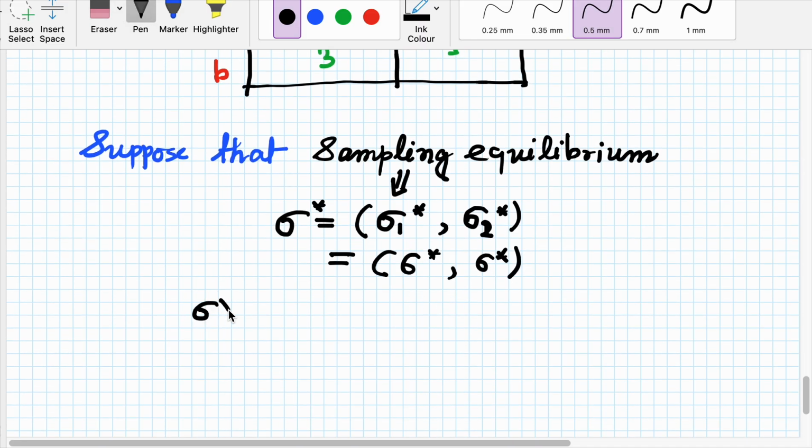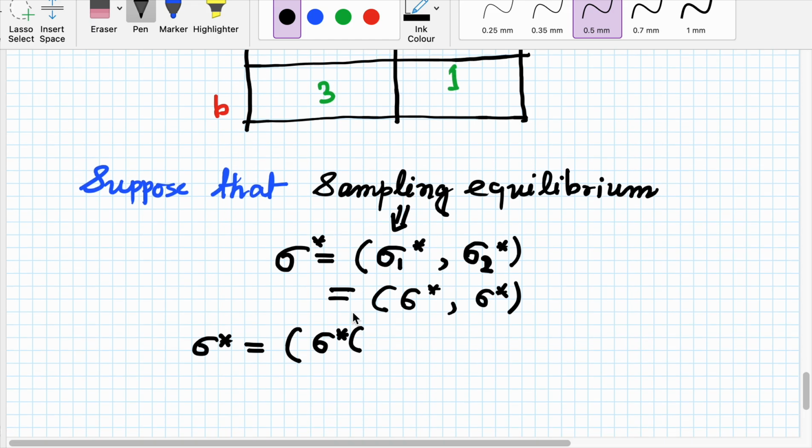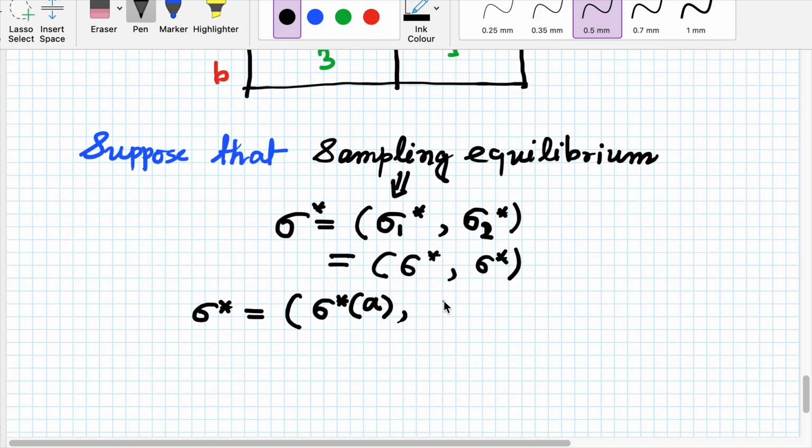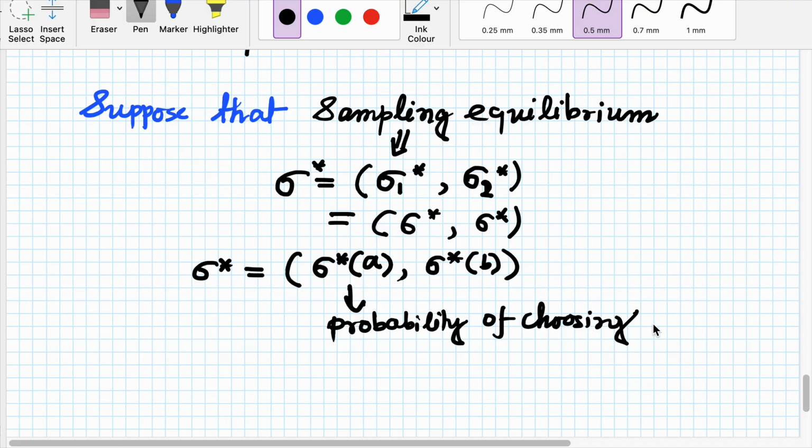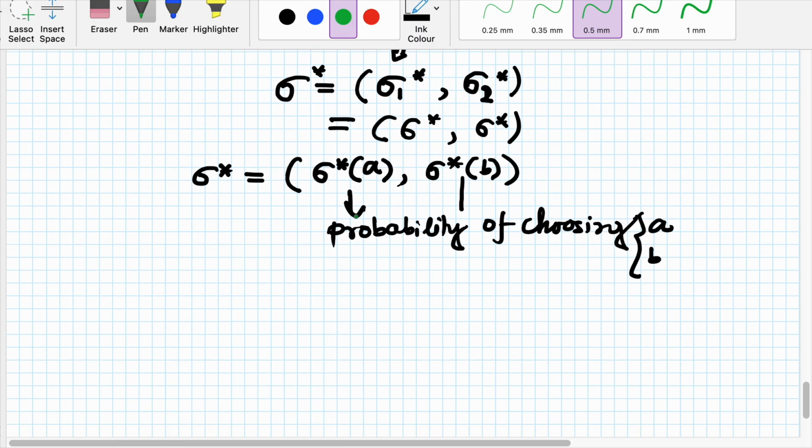Now what is sigma star? Sigma star is a vector which associates the probability of choosing A and the probability of choosing B. Since these are the only two events, the probability of choosing A plus the probability of choosing B should be equal to 1.